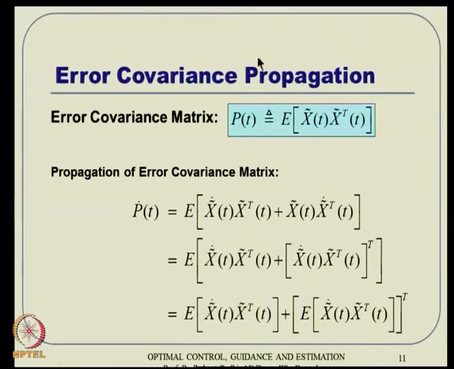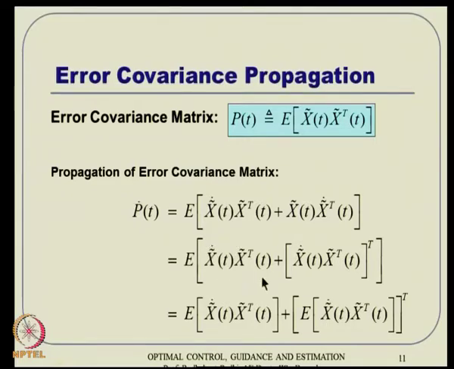What about the error dynamics, or the propagation of this covariance matrix? That is p dot, and remember derivative and expected value are both linear operators. So, the derivative can go inside the expected value operator, and you have two variables like this. Remember these are vector and matrix quantities, so make sure that the order is maintained.